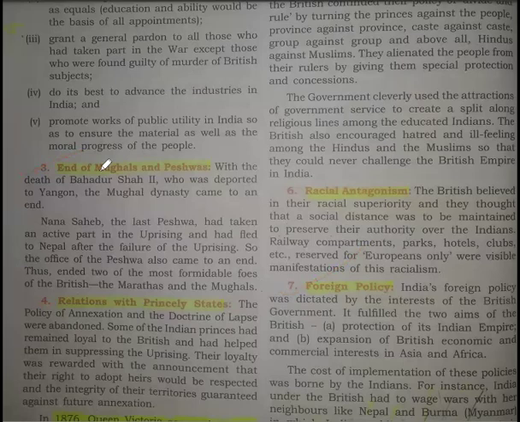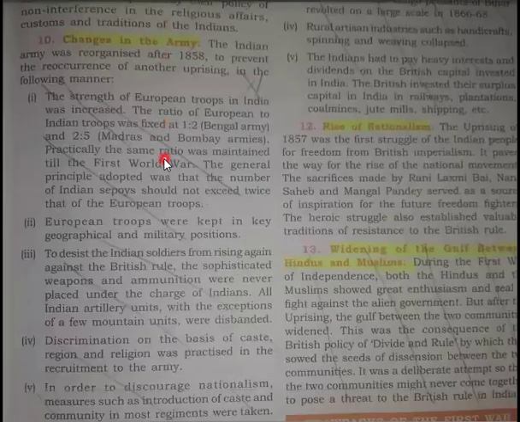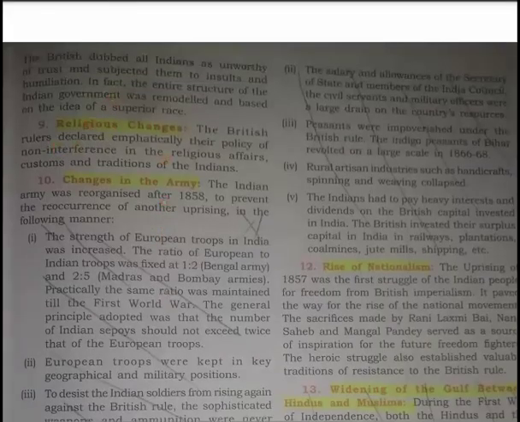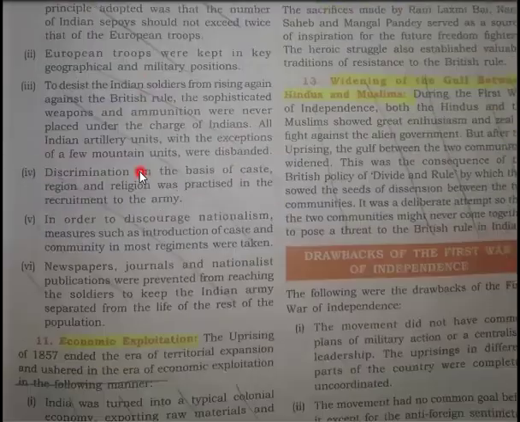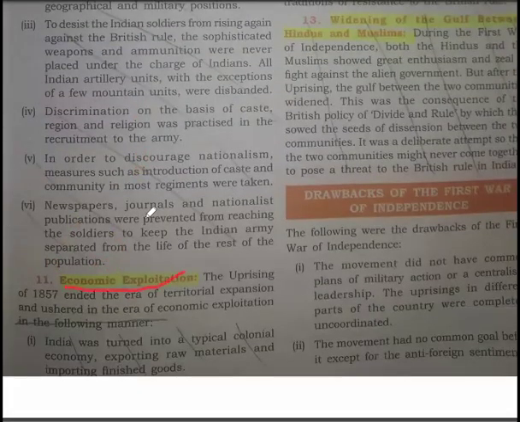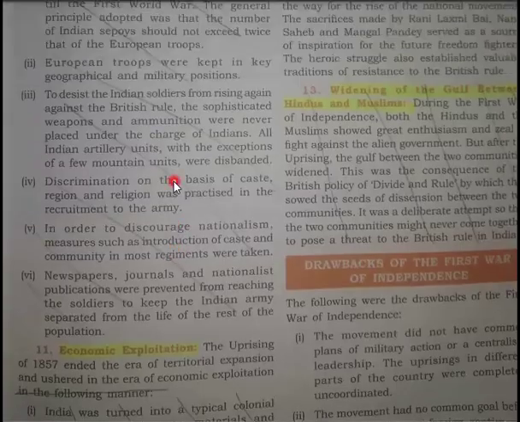We also have some more of this: the religious changes, the change in army, rise of nationalism. We have economic exploitation, which we already went through. And yes, guys, we're done with the consequences. Now we'll go to the next page. Oh, I guess we're done then.